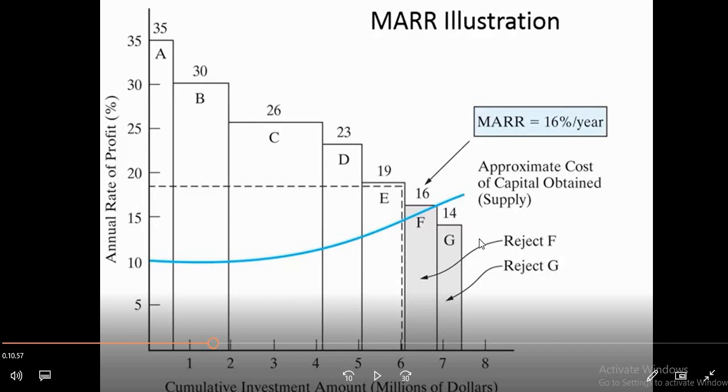Such that at 16%, in this case 16% per year, if your company earns money at 16% interest, then whatever loan was taken from the bank, the company will be able to pay.